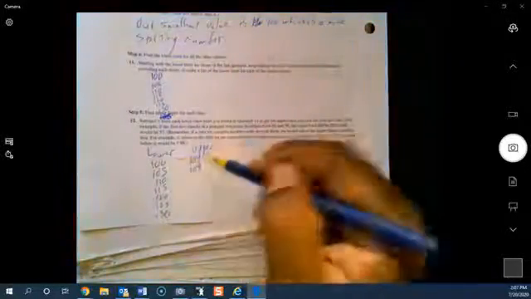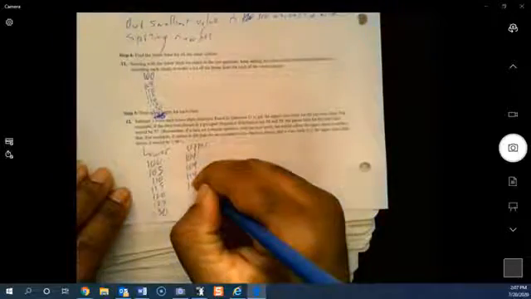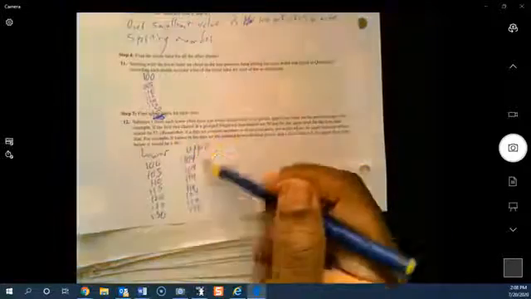What you could do is once you get that first upper limit, you can add the class width to it, just like you did with the lower limit. So this would be 114, 119, 124, 129, and 134. So it's the same process. Once you get the lower limit, once you get the upper limit, all you have to do is add the class width to it, and it will give you the answers.